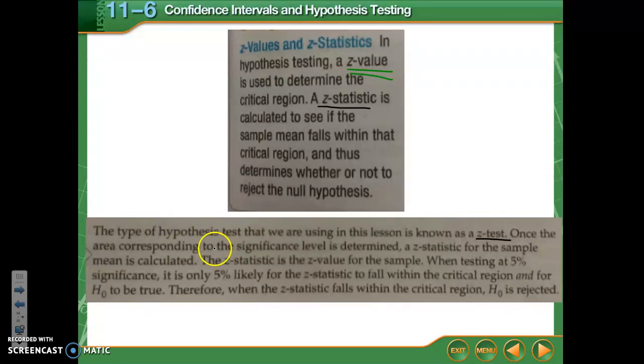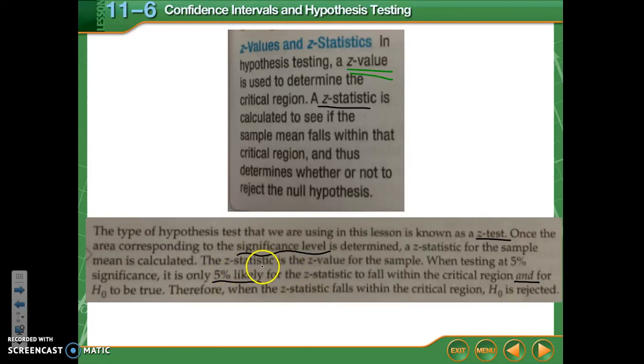Once we find the area that corresponds to whichever significance level we want, 5%, 10%, or 1%, a z-statistic for the sample mean is calculated. The z-statistic is the z-value for our sample. When we test at 5%, it is only 5% likely for the z-statistic to fall in the critical region and the null hypothesis to be true.